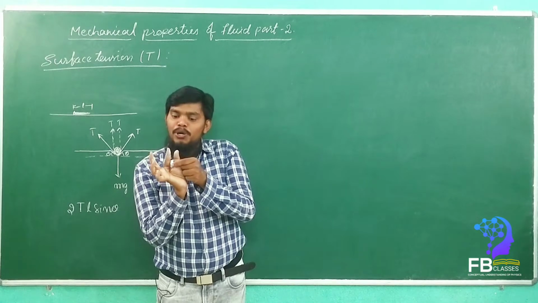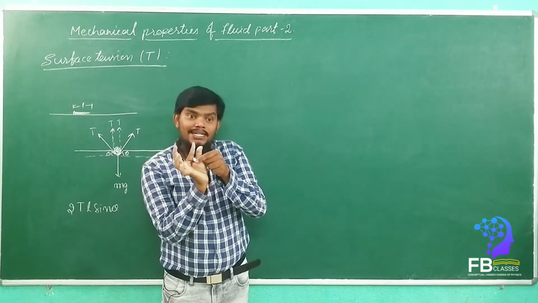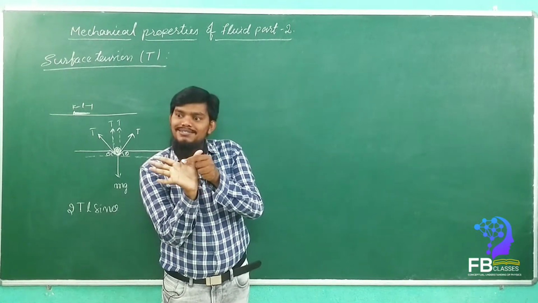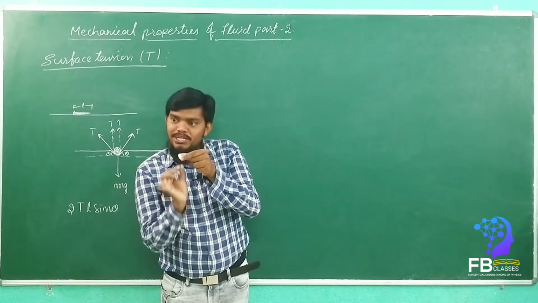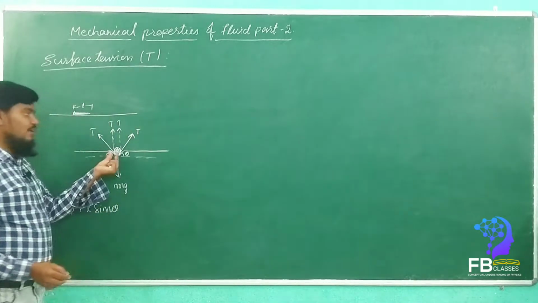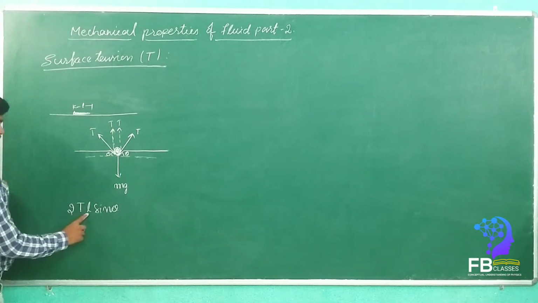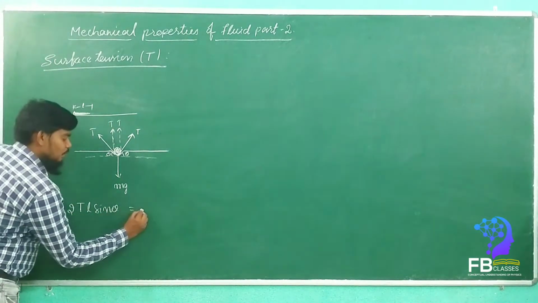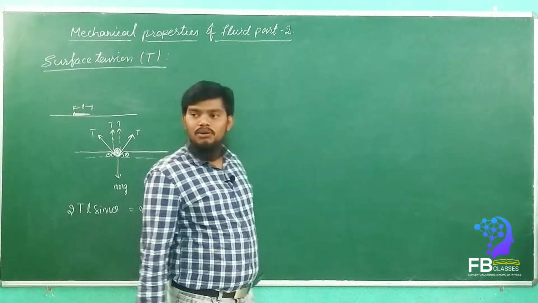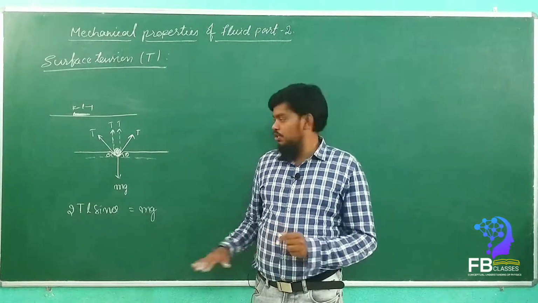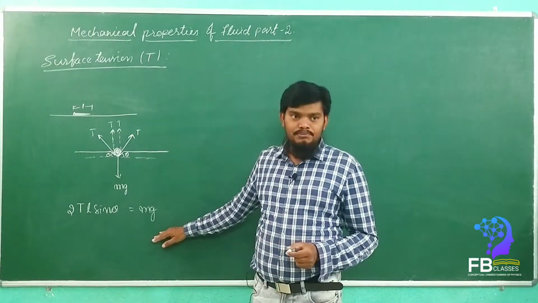The vertical components of these two tensions will be added and the horizontal components cancel out. These two vertical components are balanced by the mg, that is the weight of the needle. So 2TL sin theta is equal to mg. Got it? Are you getting my point? So this is the equation.